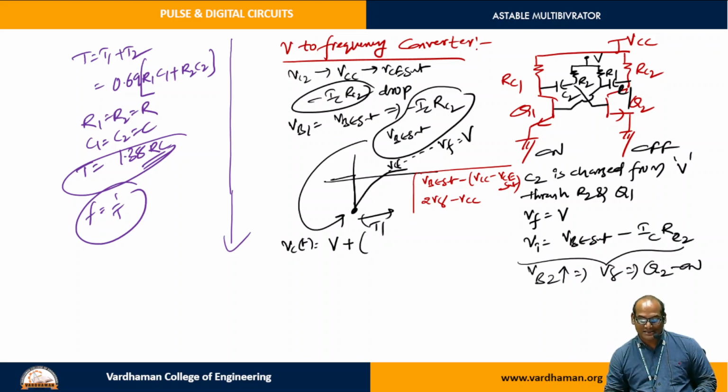If you multiply the minus inside, you will get VB sat plus VCE sat, which is equal to 2 times V gamma minus VCC.